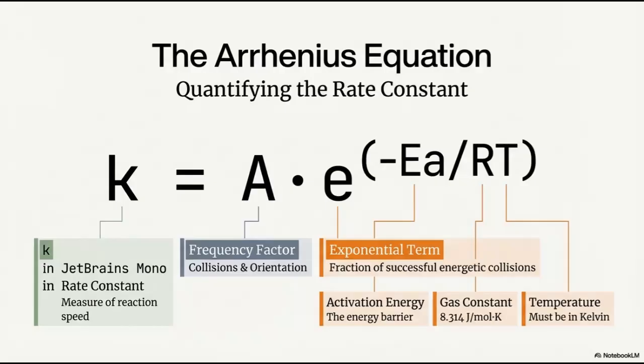So that k is a measure of the reaction speed. That A factor takes into account collisions and orientations. And then Ea is just the activation energy for that reaction to take place. So we are not going to use this form of the equation.